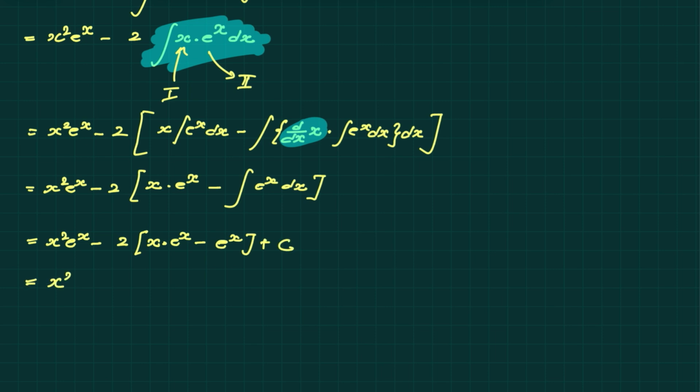This equals x square e to the power x minus 2x e to the power x plus 2 e to the power x plus c. So let us take out e to the power x common, then we will have x square minus 2x plus 2, plus c.